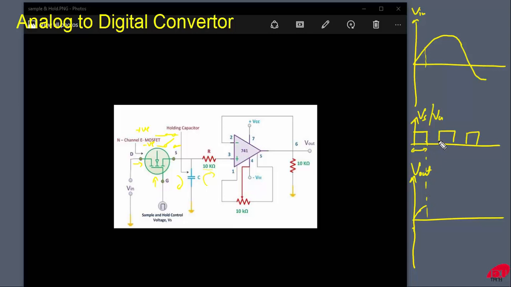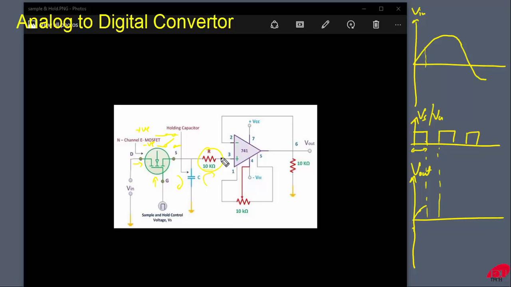And when the switch is opened, sorry, when the MOSFET acts as an open switch, the capacitor will try to discharge itself, but it could not, because there is a very high impedance at the input side of the operational amplifier. As you can see in the picture, there is a 10 kilo ohm resistance provided at the input of the operational amplifier.